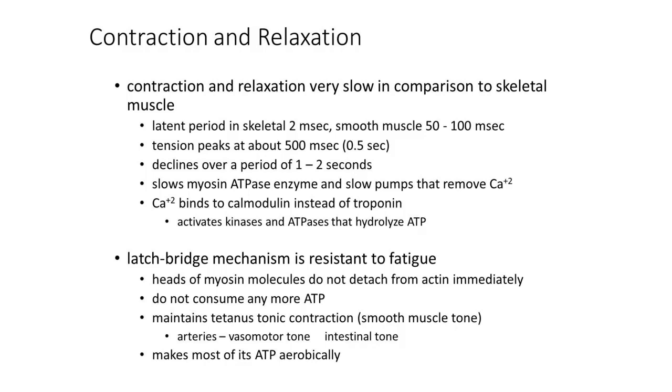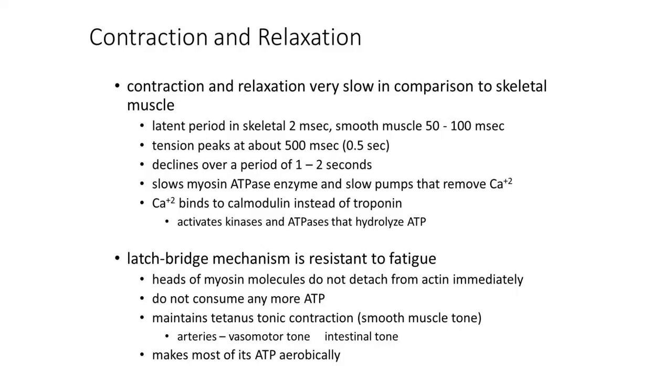And then it declines over a period of 1 to 2 seconds, and slowly the myosin ATPase enzyme and the slow pumps remove the calcium, just like we saw before, but we do see calmodulin instead of troponin, which we heard about in the skeletal muscle, and this activates the kinases and the ATPases to then hydrolyze that ATP.